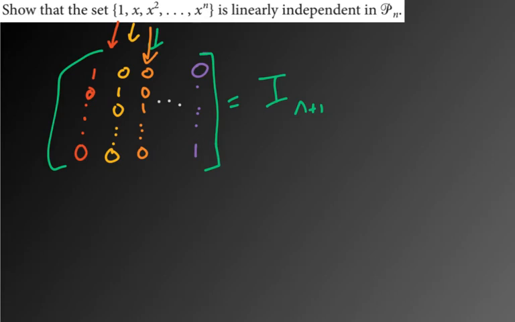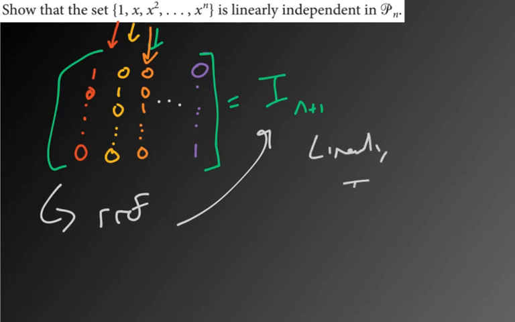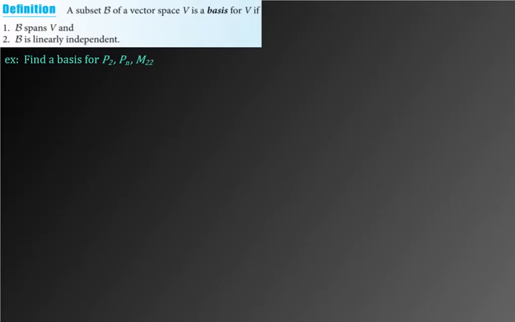Either way, the point is, if you RREF this thing, there's nothing to do, because you just go right back to what you started with, and that is exactly what it means to be linearly independent.